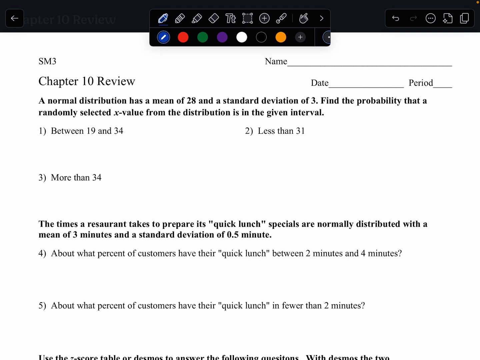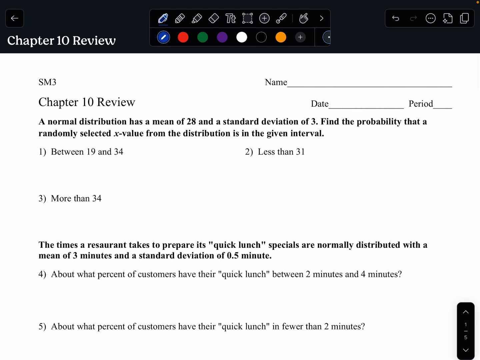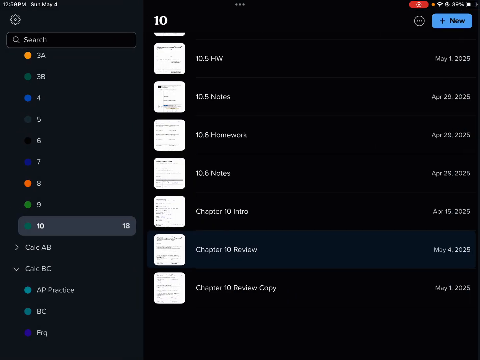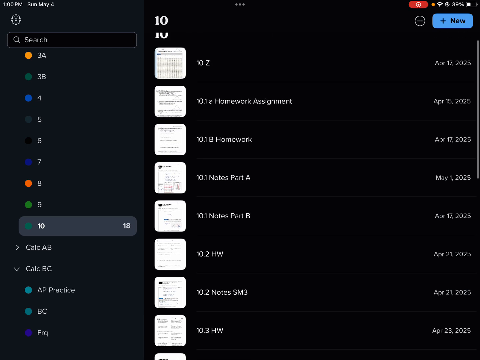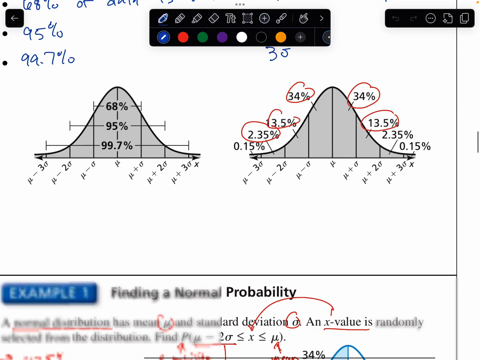For this one, you can use the empirical rule. The empirical rule we learned all the way back in 10.1a.